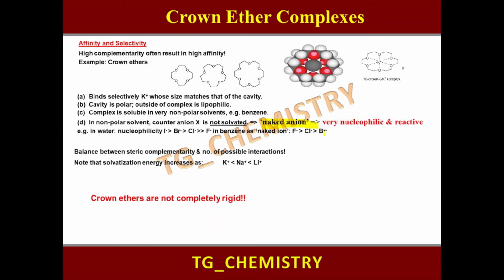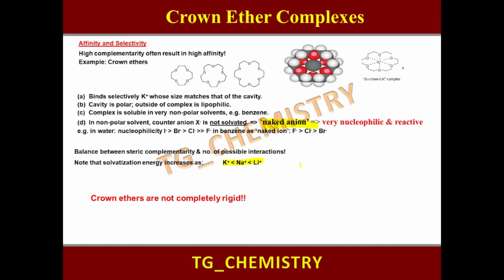Okay, so this is an interesting phenomenon or property of the crown ether complexes. For the crown ether, the solvation energy increases, as you can see, in terms of the ions. K plus will have less energy than Na plus and Li plus, and therefore K plus fits in very well with the 18-crown-6 ether molecule.